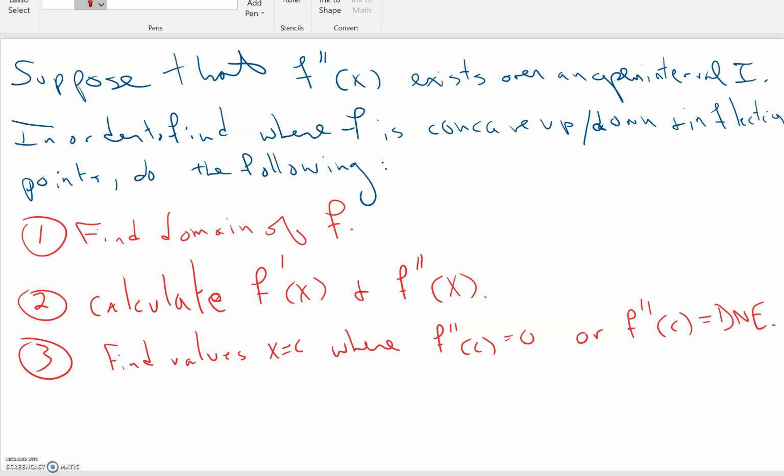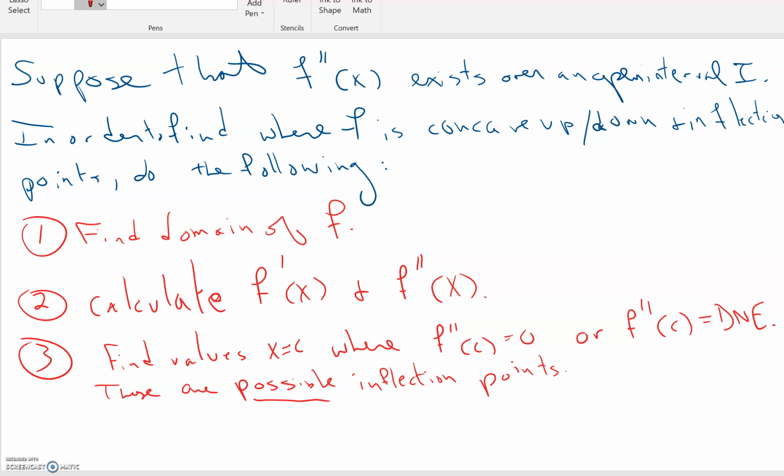Now these numbers that you get in step 3 are potential inflection points. And just as, how do we determine whether something was actually an extreme value?